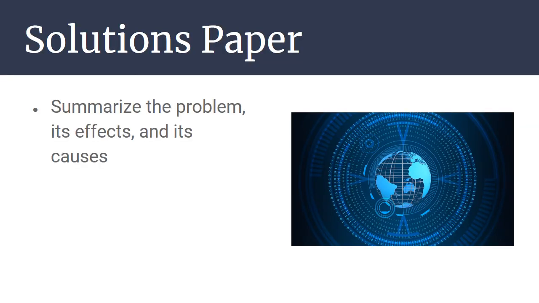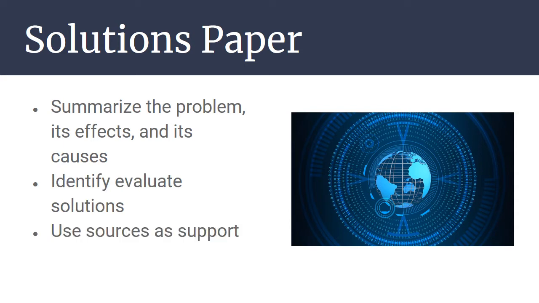So with each solution, you want to make sure you evaluate those solutions, make sure that they have good support, and help the reader understand: is this a good solution for the short term? Does it solve some of the negative effects? Or does it also help solve and prevent the problem from happening by addressing the causes as well?